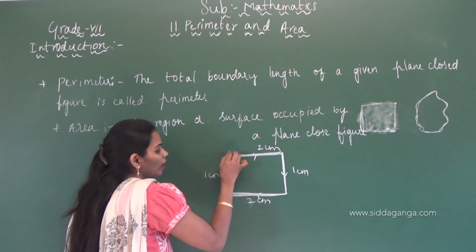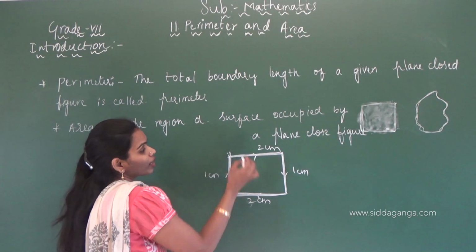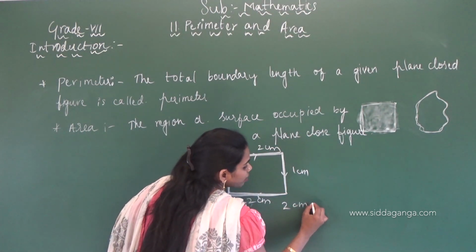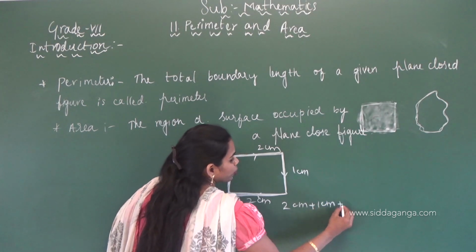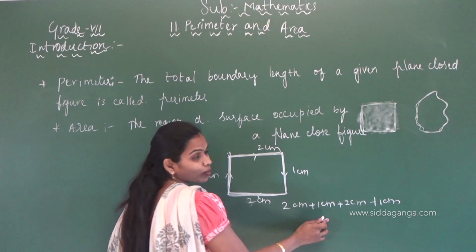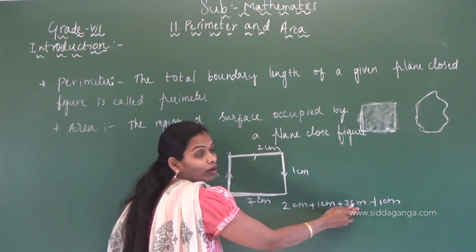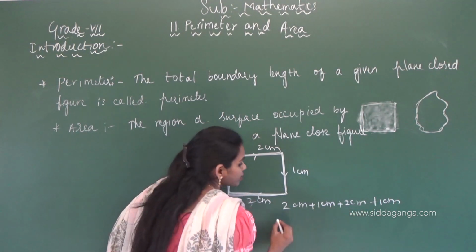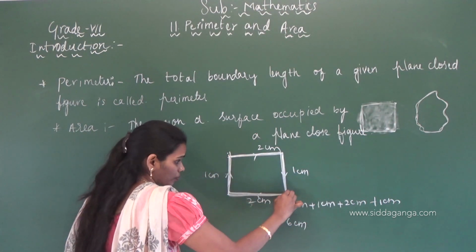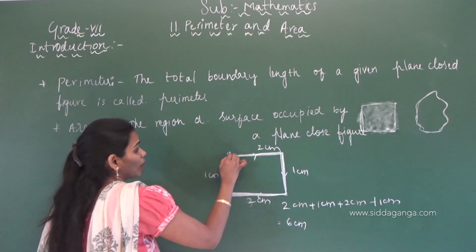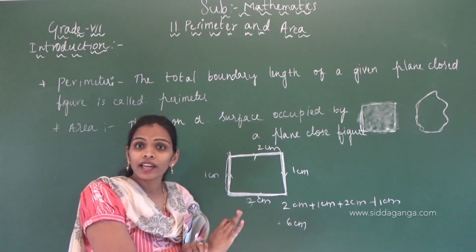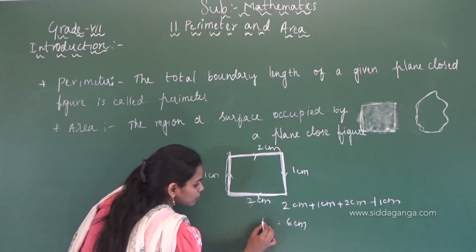The total length of the given plane figure is 2 plus 1 plus 2 plus 1. 2 plus 1 is 3, 3 plus 2 is 5, 5 plus 1 is 6 centimeters, the total boundary length of the given plane figure. That is known as perimeter.